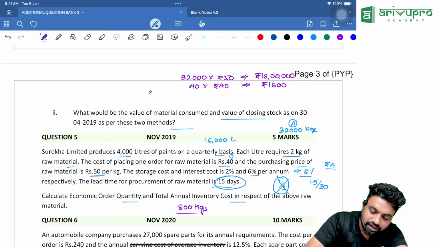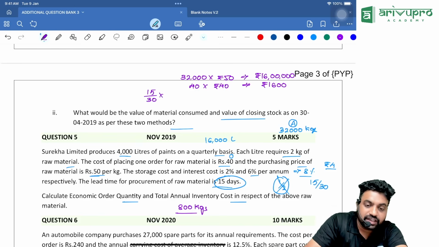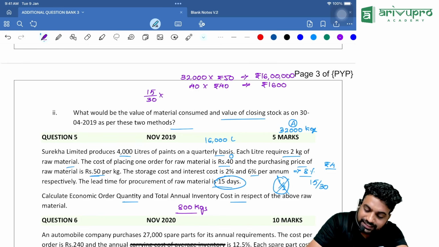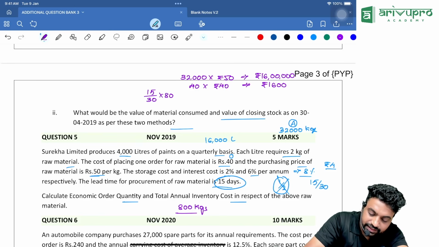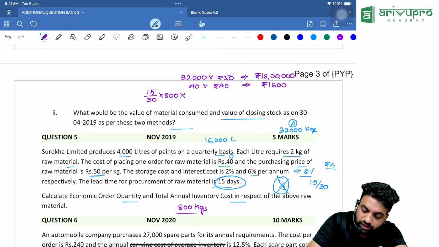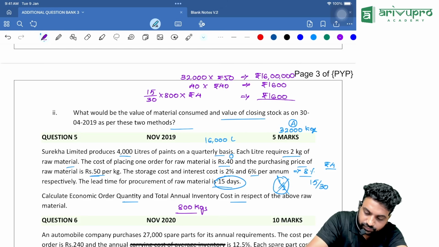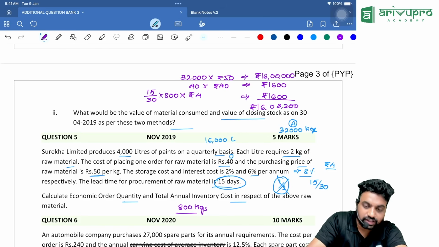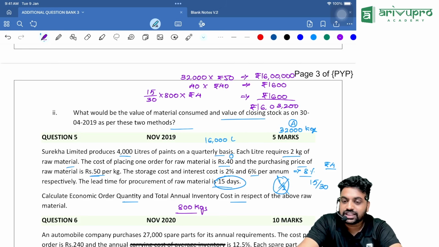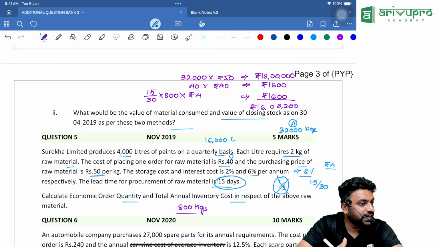Carrying cost will be, here I won't take 1 by 2. Instead, I will take 15 by 30 into order size 800 into carrying cost per unit per annum 4, which comes to 1,600. Total will be 16 lakh 3,200. Hope it is clear.